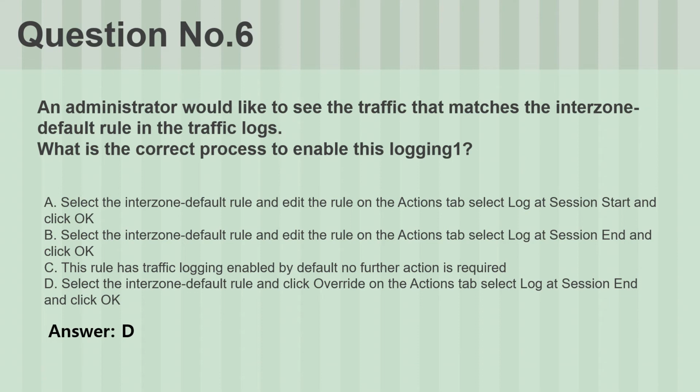B. Select the interzone default rule and edit the rule on the Actions tab. Select Log at Session End and click OK. C. This rule has traffic logging enabled by default. No further action is required. D. Select the interzone default rule and click Override on the Actions tab. Select Log at Session End and click OK. Answer. D.